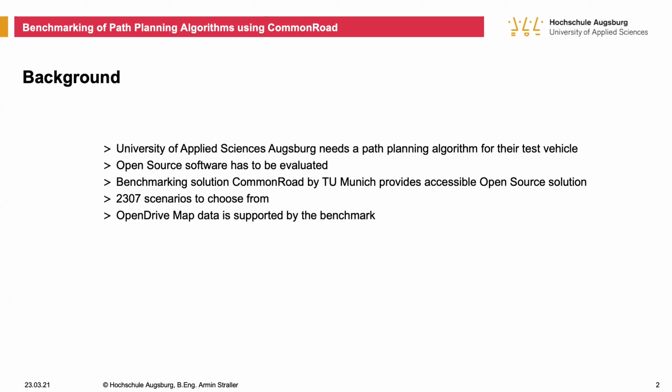And therefore I got in contact with the TU Munich's Common Road benchmarking system, which has 2,300 scenarios to choose from, and supports the OpenDrive map format, which would be our favorite choice since it's properly documented and has all the features a complex map has to have.